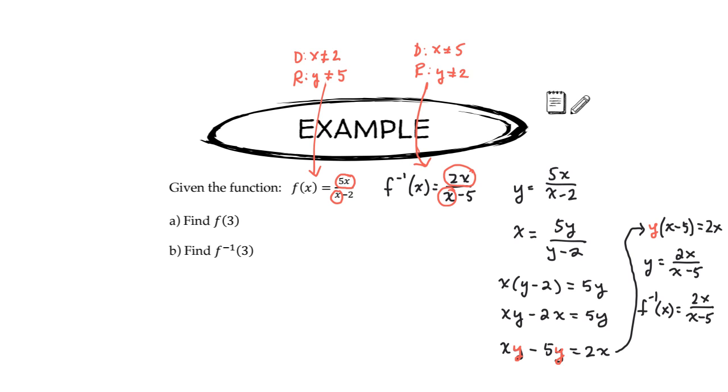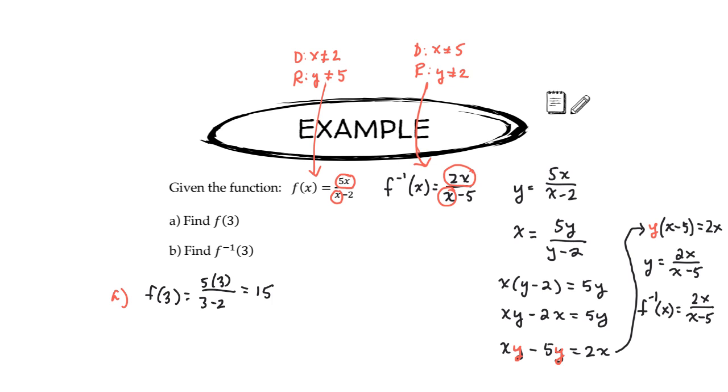I didn't actually need to find f inverse in order to know f inverse of 3. Let me show you what I mean. To work out letter A, all I need to do is plug 3 in for x. 5 times 3 over 3 minus 2, that's 15 over 1, that's just 15.